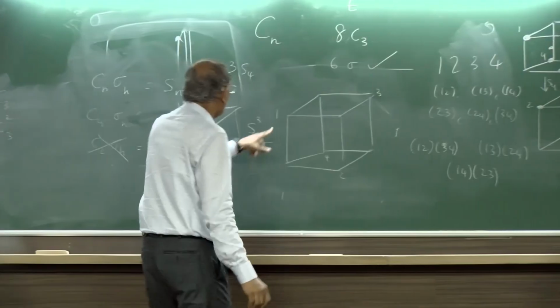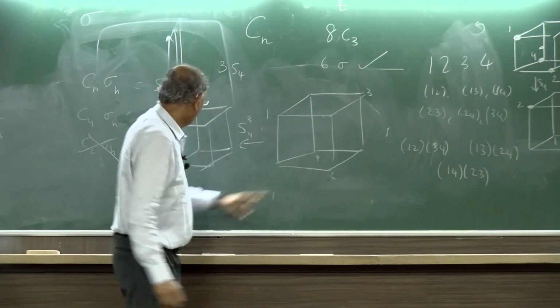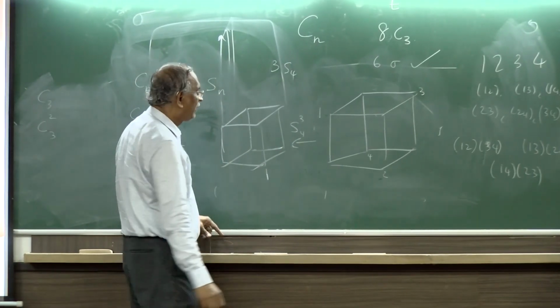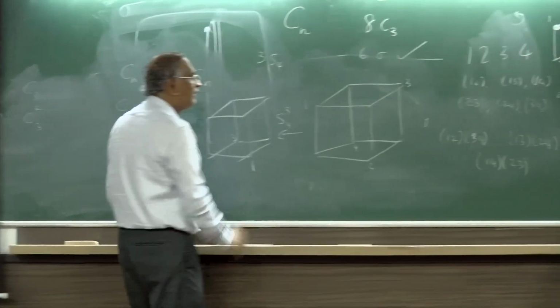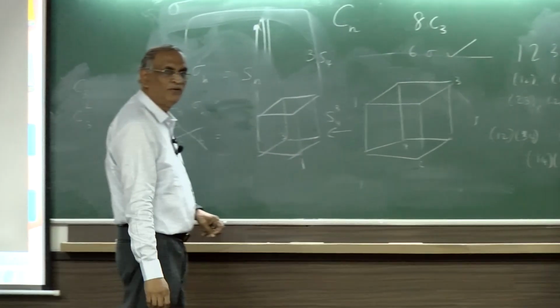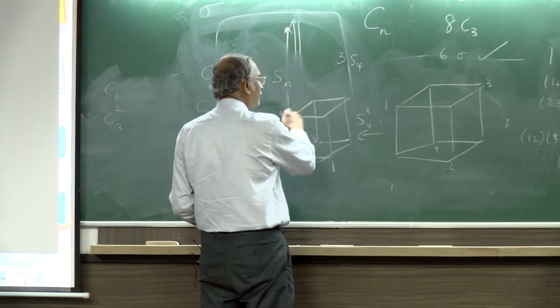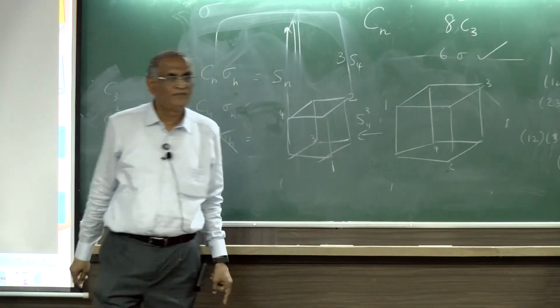Okay, 1 goes to 2, so this is 1. 3 goes to 4, so this is 3. And this is 4, this is 2.